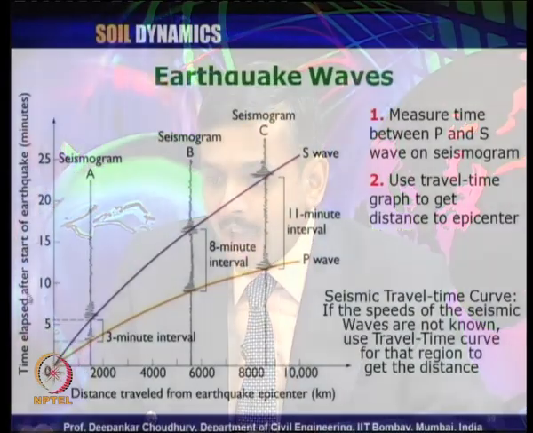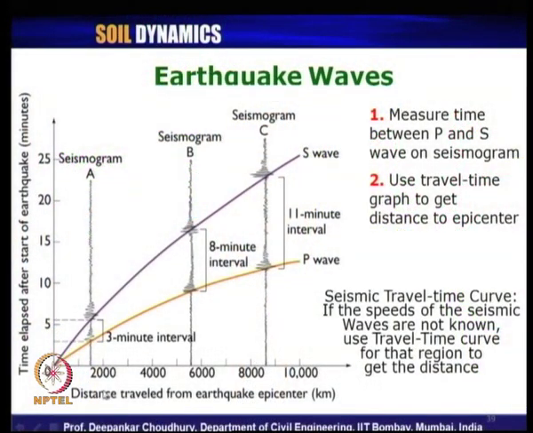If you slide them over the paper, at which location do they follow a continuous pattern of movement from time elapsed after the start of the earthquake to distance of the earthquake epicenter?